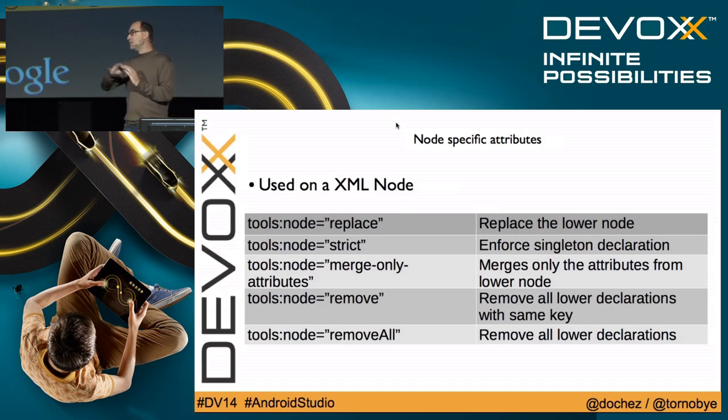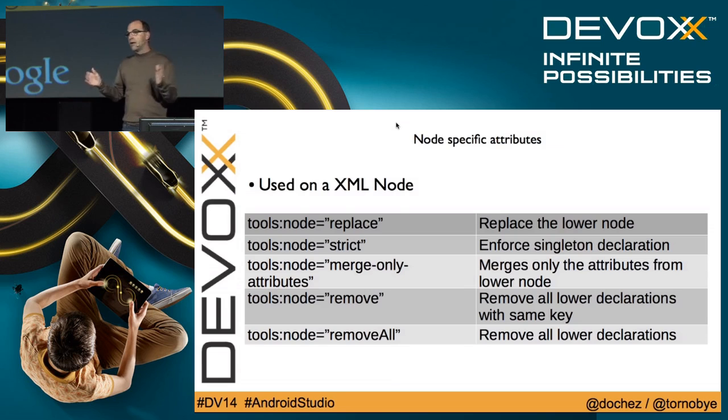You could say, I want to remove a particular activity, for instance. So say you're merging a library, and that library comes with 3 activities, but there's only really 2 that you want to consume. You could say, this particular node type and node identity, I want to remove it. So that activity will just be removed, and it won't be in the resulting XML.